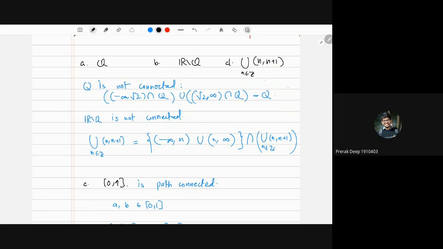And why is D not connected? That is also clear, right? Because it is nothing but the union of intervals. So you can find a separation easily. So that's why it is not connected.